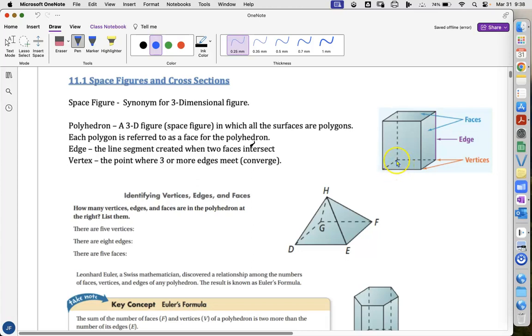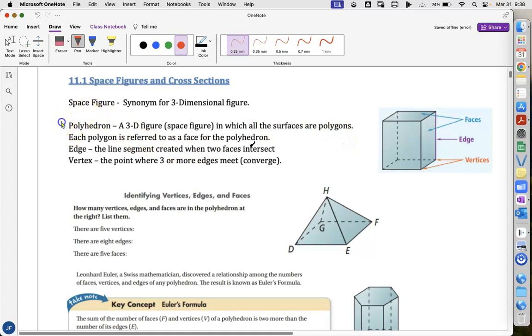What we end up losing is angle measurements, because that angle right there, though in the image it looks like it's obtuse, if we actually had this cube or rectangular prism in our hands, what I just traced out would actually be a right angle. So we lose that 90-degree understanding the way we visually think about it when we project a three-dimensional image onto a two-dimensional surface.